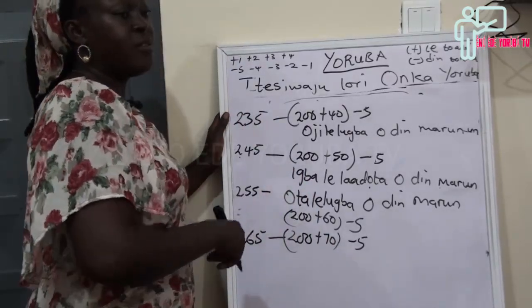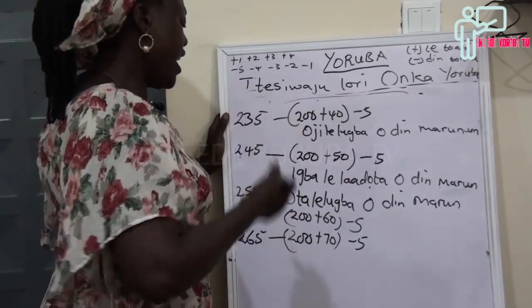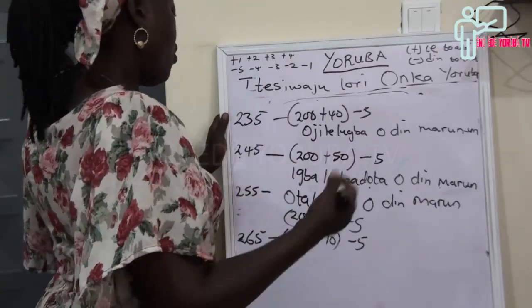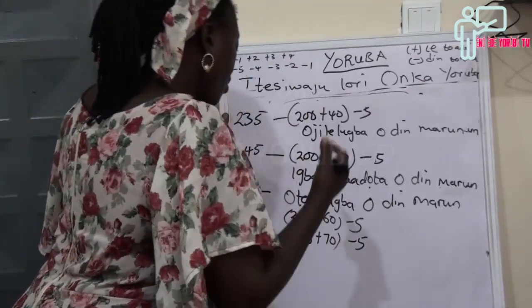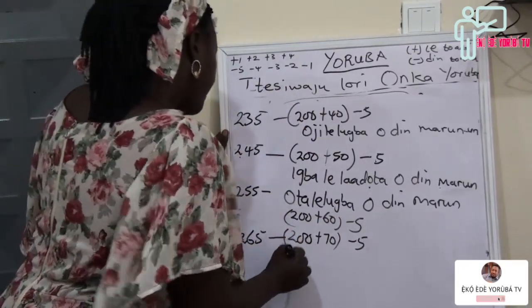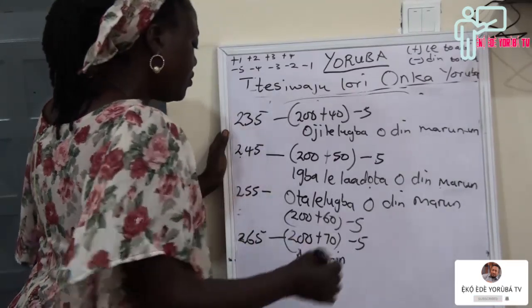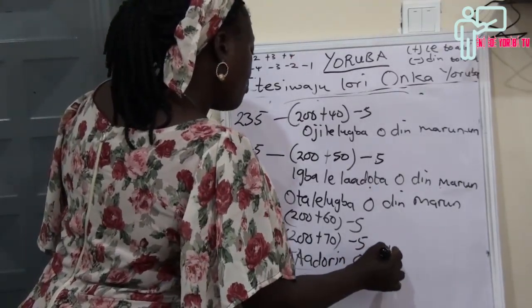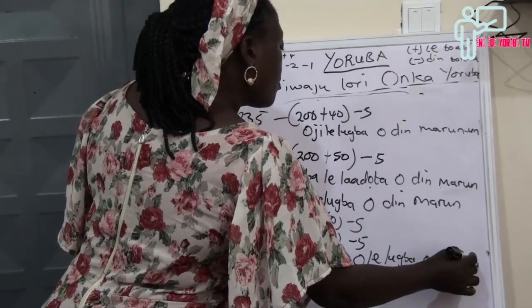Tàbí igba, when you are talking, you can just say igba ó lé láàádọ́rin ó dín márùn-ún. Tàbí àádọ́rin ó lélúgba ó dín márùn-ún.